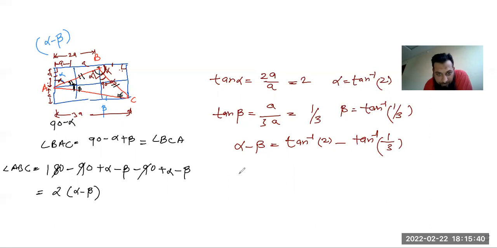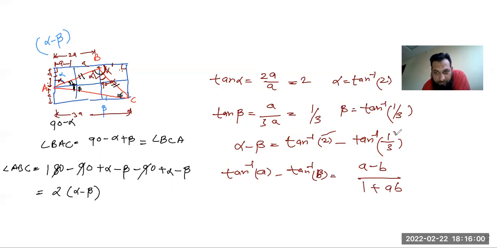But we know there is a formula for tan inverse A minus tan inverse B, which is nothing but tan inverse of A minus B upon 1 plus AB, where A is this value, B is this value, which we have to put here. So tan inverse A minus tan inverse B is what? It is alpha minus beta, because this is the equation here.